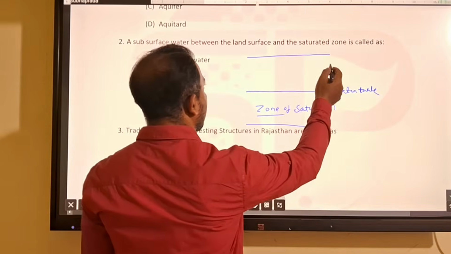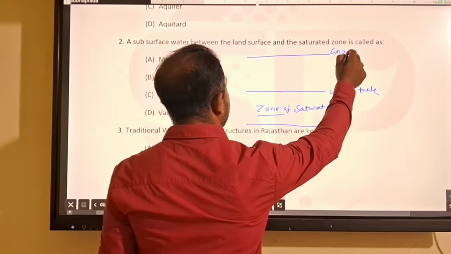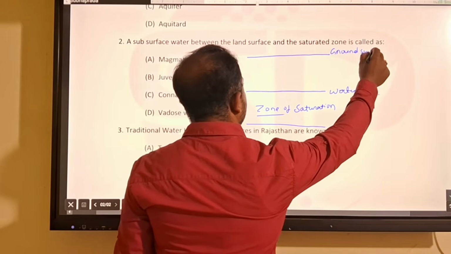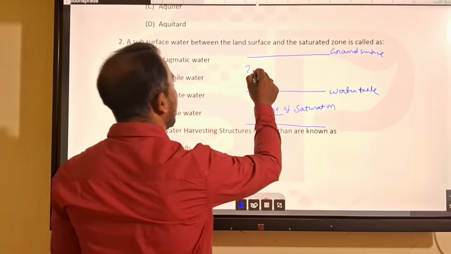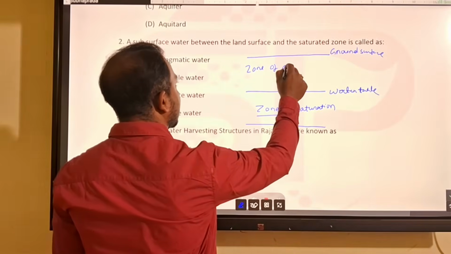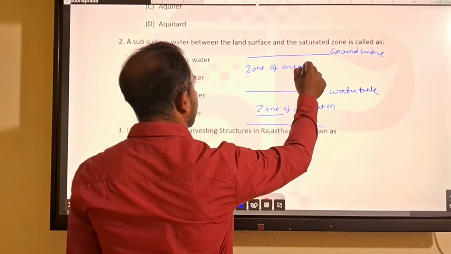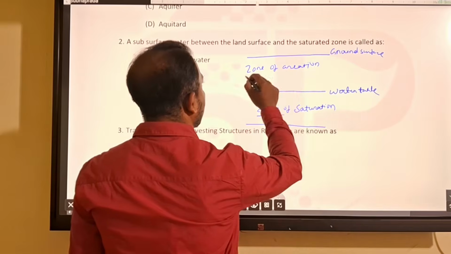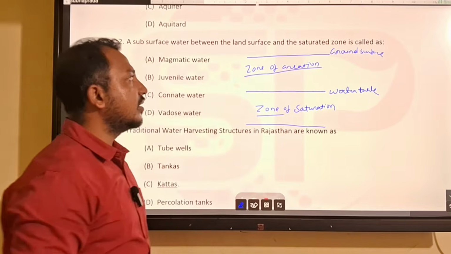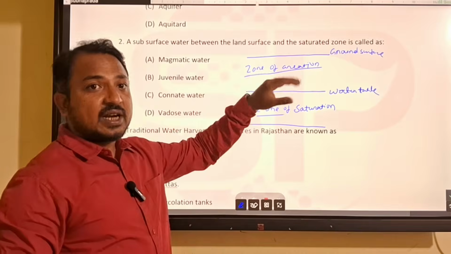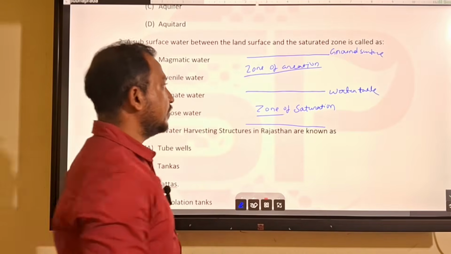Then above the water table to the ground surface is called the zone of aeration, where the pore spaces are partially filled.